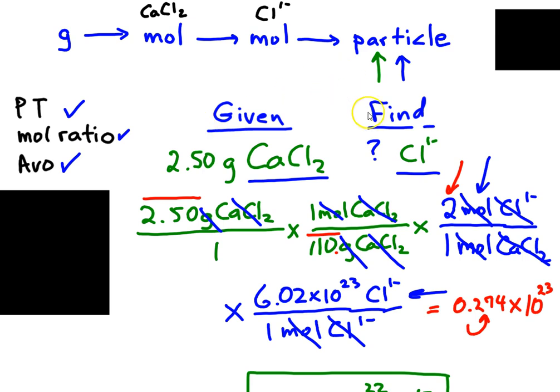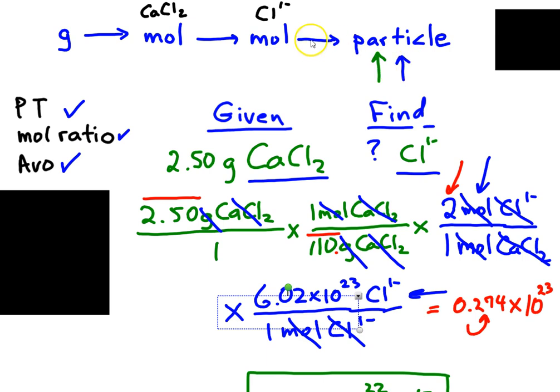Okay, so we are where we wanted to be. We have gone through grams of calcium chloride to moles of calcium chloride with this guy, and we did moles to moles with this guy, and we did moles to particles with this guy. And I hope you find this helpful. This is a great little way to think of the progression in any calculation.